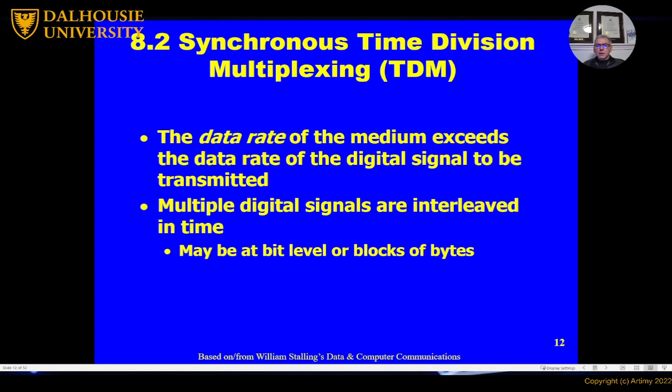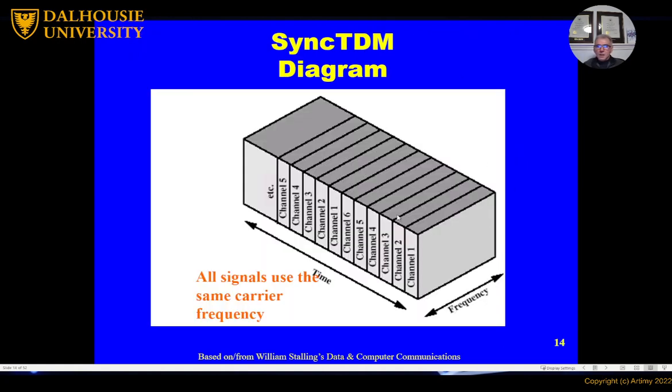Another technique relies on dividing the time instead of the frequency. So instead of taking the bandwidth of the entire channel and dividing it into smaller bandwidths, I'll take the time instead and divide it. Let me see.